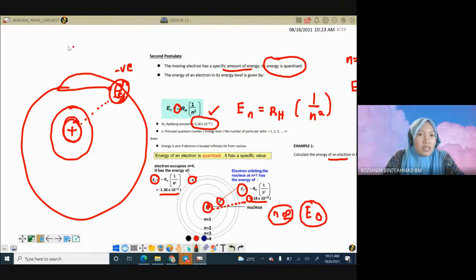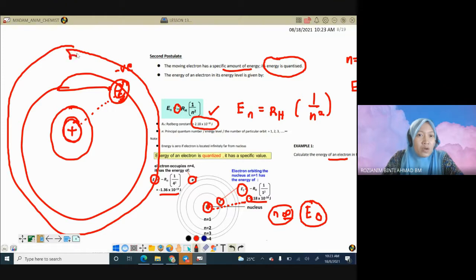So sekiranya elektron tu berada jauh daripada nukleus, bermaksud n equal to infinity, tidak tertakrif. So nilai tenaga bila kita kira guna formula ini, En sama dengan negatif RH 1 over n square, kita tukar n kepada infinity, nilai tenaga ini akan jadi kosong.